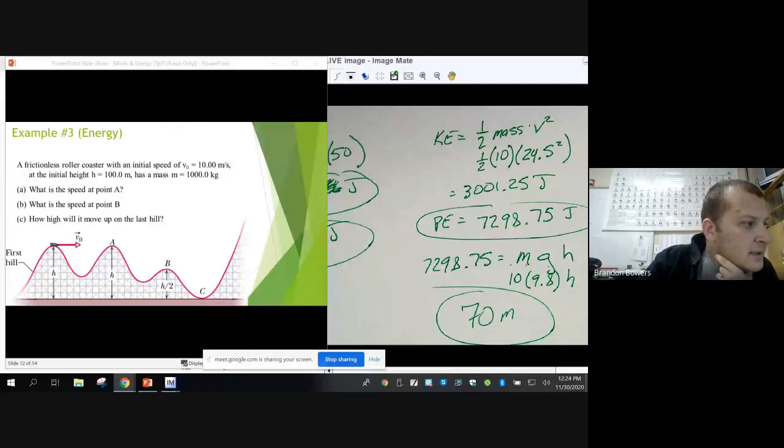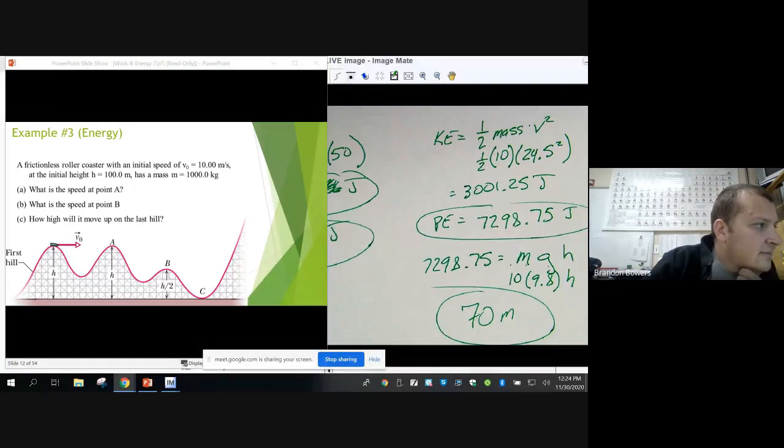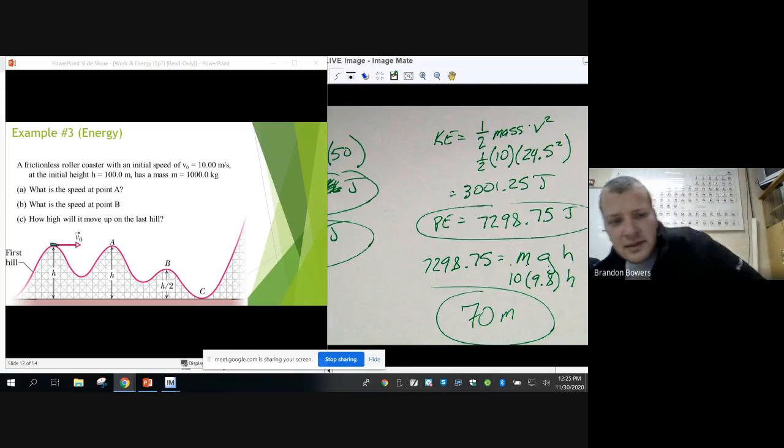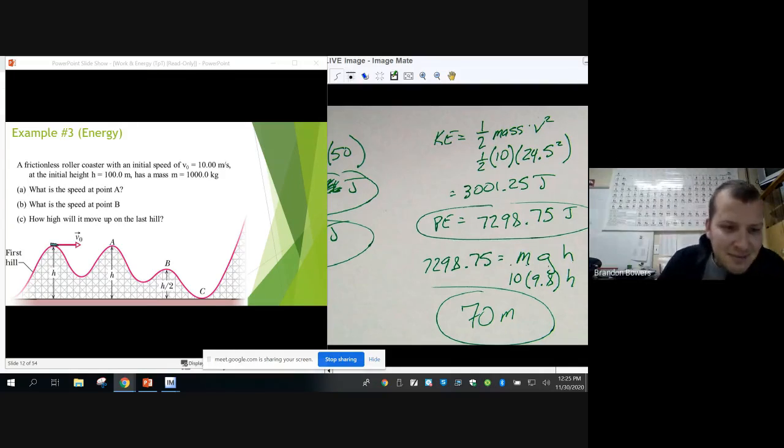Okay. So there's a lot of things to consider here. So let's see. What is the speed at point A? Well, point A is the same height as the start.